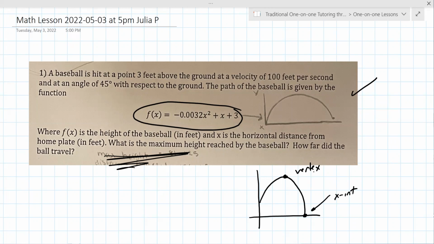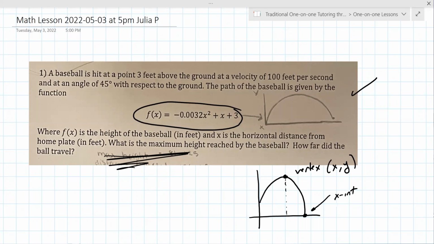But they don't specifically say what is the vertex. And in full disclosure, they can ask for either the x or the y value of the vertex. But they encode it in a question up here. Same thing with this x-intercept.